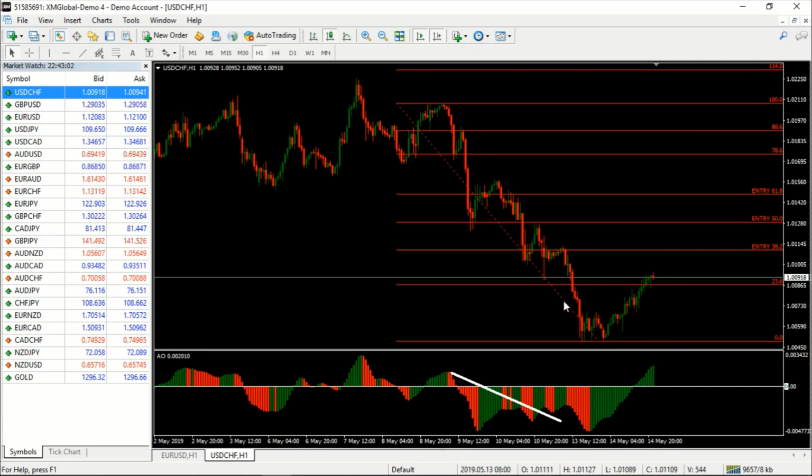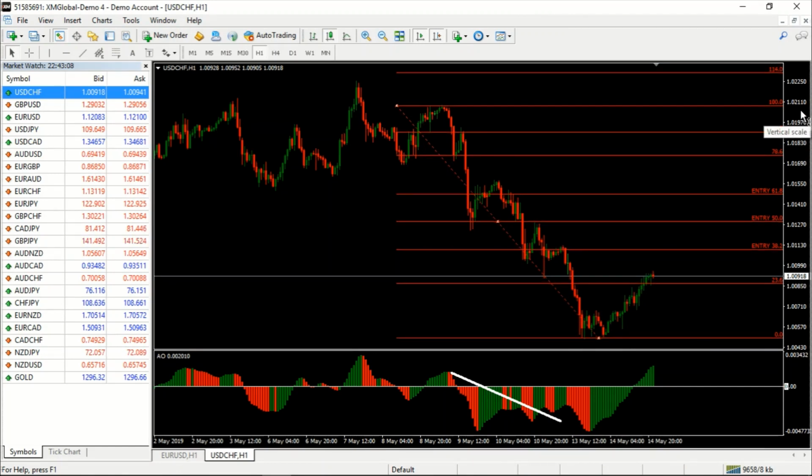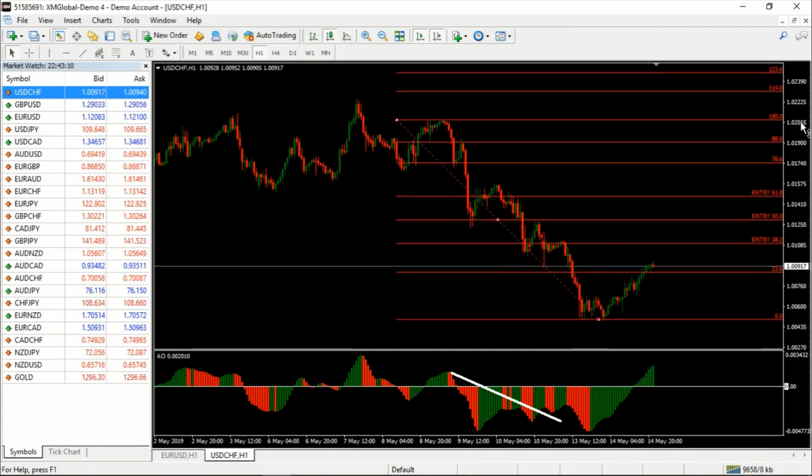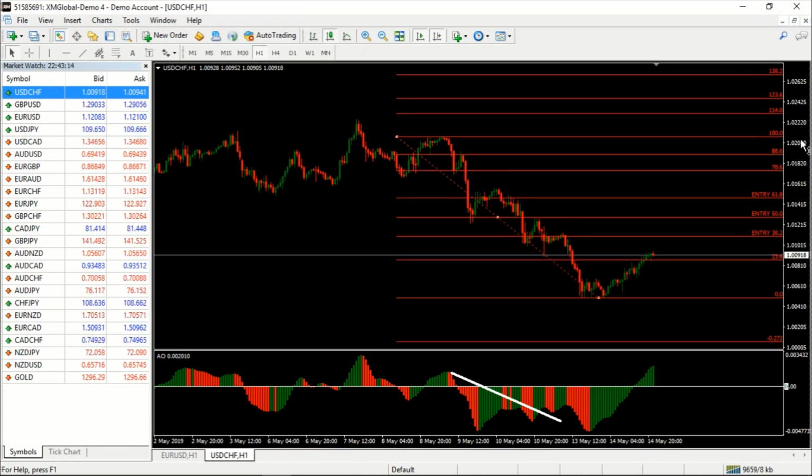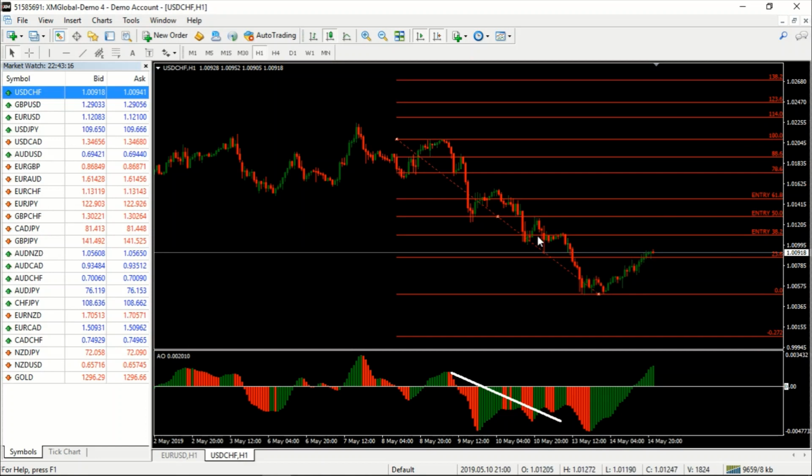We will then be showing you the extensions. As I click on the right hand side of the screen and scale it down a bit, making the chart a bit smaller, you would see that we still have the 100 level over here and we've got the 0 level over here.